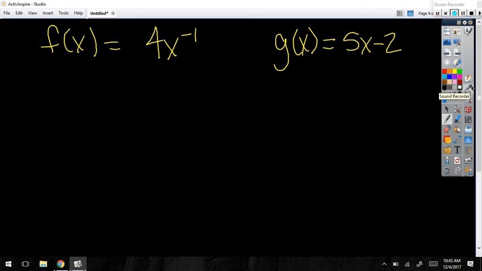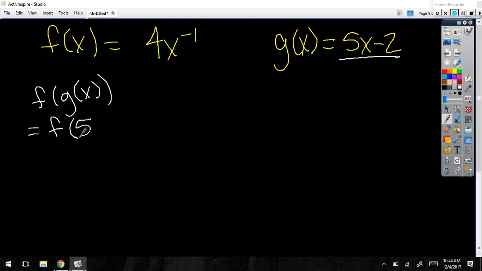So looking at this one, what happens if I asked you to find f of g of x? Can I write the problem? g of x is what? Is anybody confused on that stuff?